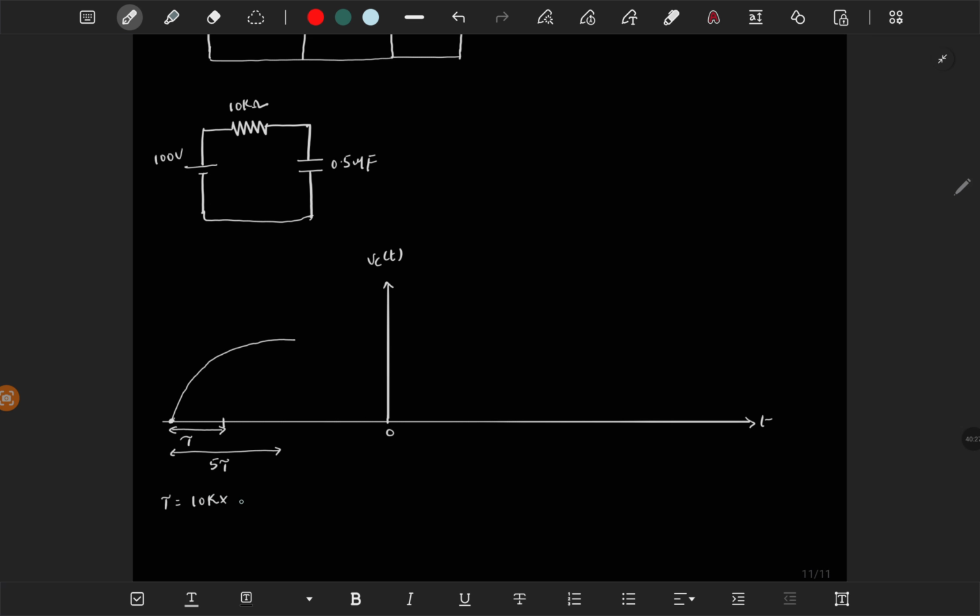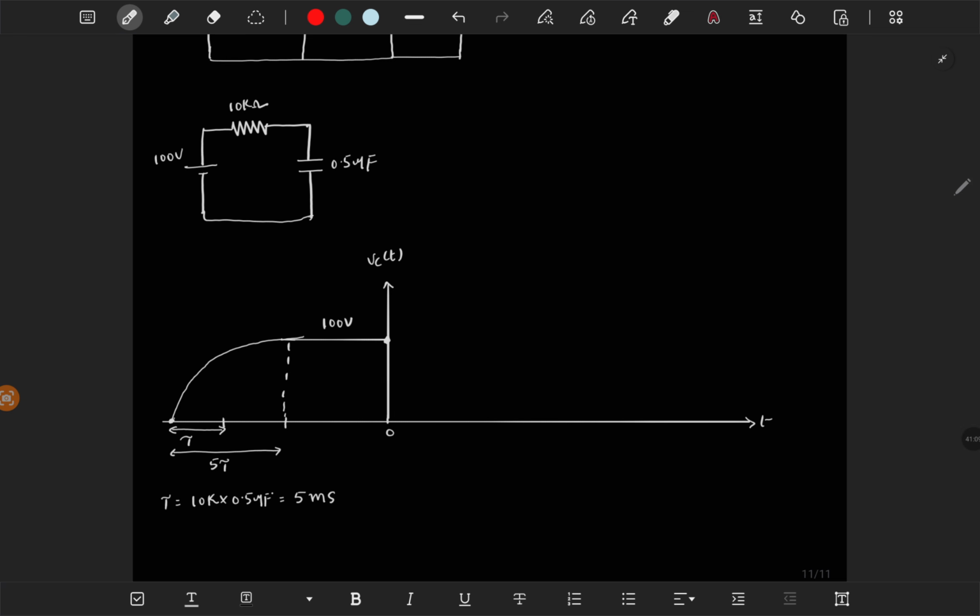So 10k times 0.5 microfarad, which is 5 millisecond. And for five tau, which means after 25 milliseconds of this voltage being applied, the circuit will reach its steady state. It will charge to 100 volt completely and it will stay here for a long time. So this is five tau and this will be 100 volt.